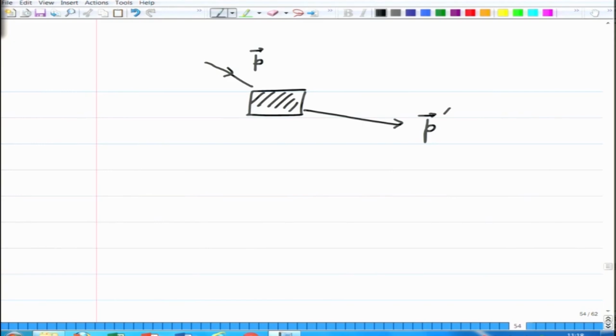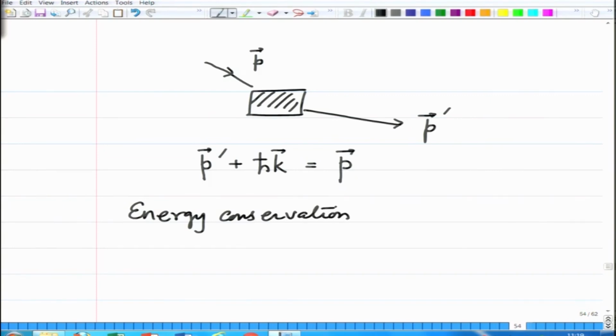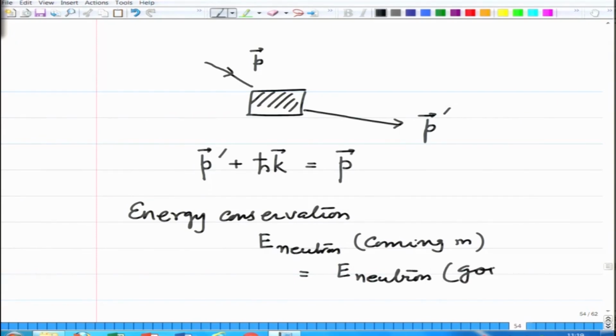As we said in the previous slide, then p prime plus h cross k will be equal to p, and the energy conservation then gives that energy of neutron coming in should be equal to energy of neutron going out plus h cross omega k for the phonon.